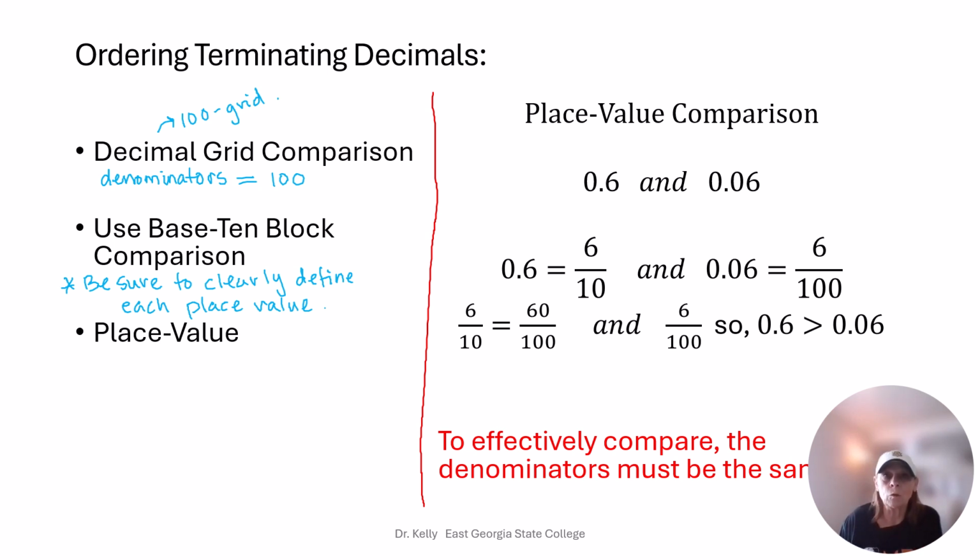Now, when you do place value comparison, here we have an example of 6/10 and 6/100. Now, a lot of times students, when they hear you say it, they might think more quickly that it's the hundredths that's bigger, because when we go in the direction of whole numbers, 100 is bigger than 10.